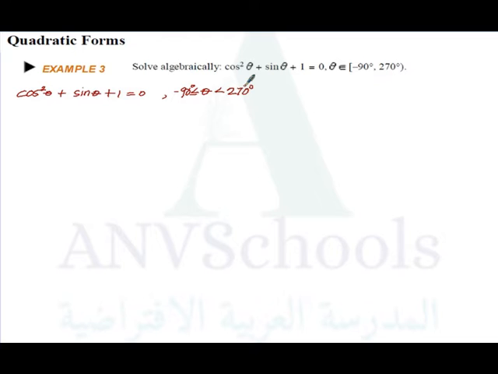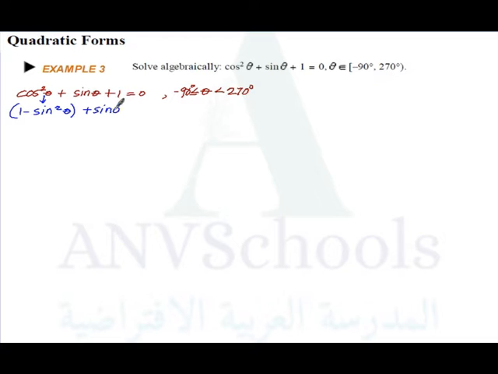Since our sine theta is in its elementary form, meaning it has an exponent of 1, what we can do here is express our cosine squared of theta in terms of sine squared of theta. So this would be 1 minus sine squared of theta. By doing so, all that we have left is an expression in sine theta.